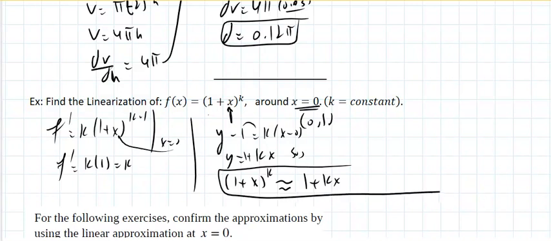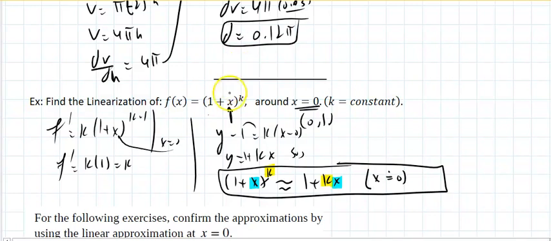But that only works with one condition. If you take 1 plus x raised to a power k, it ends up being 1 plus the product of those, as long as x is very close to 0.